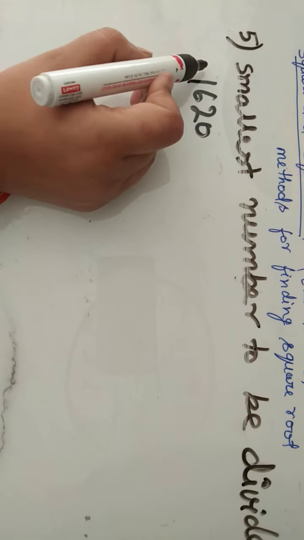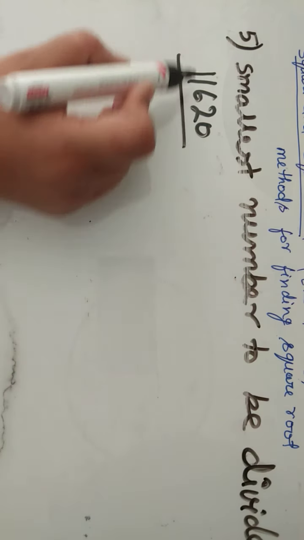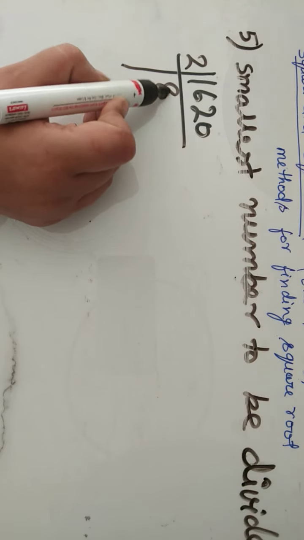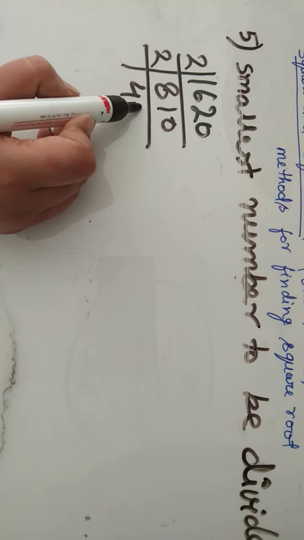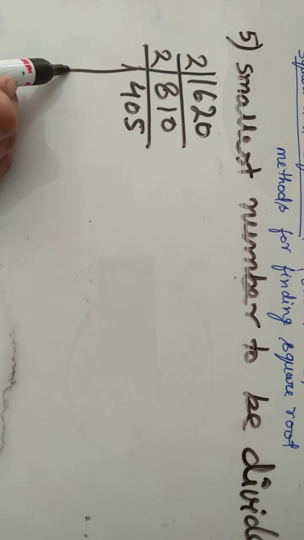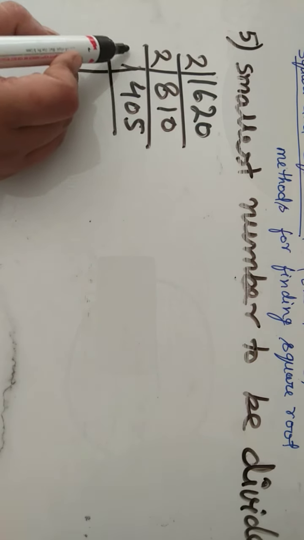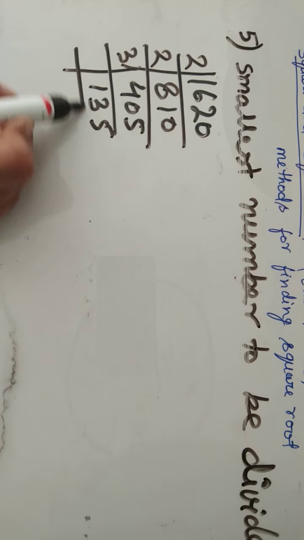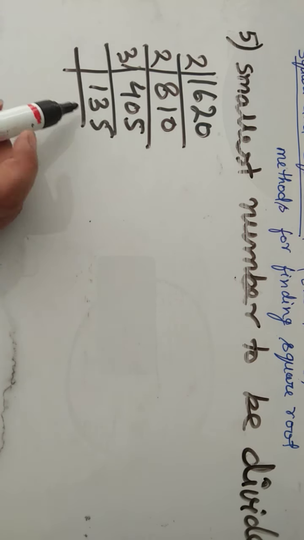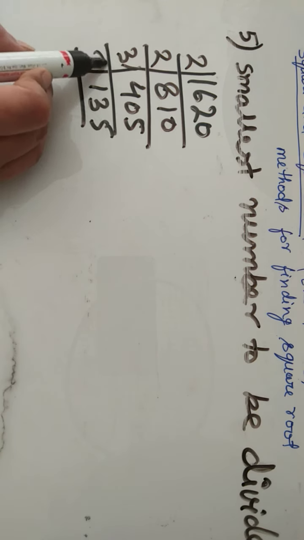So this is our number, just see the factors, check the factors. Okay, so now 4, 5, 9, so it is divisible by 3. Now check अब ये किससे डिवाइड होगा? अगेन 3.